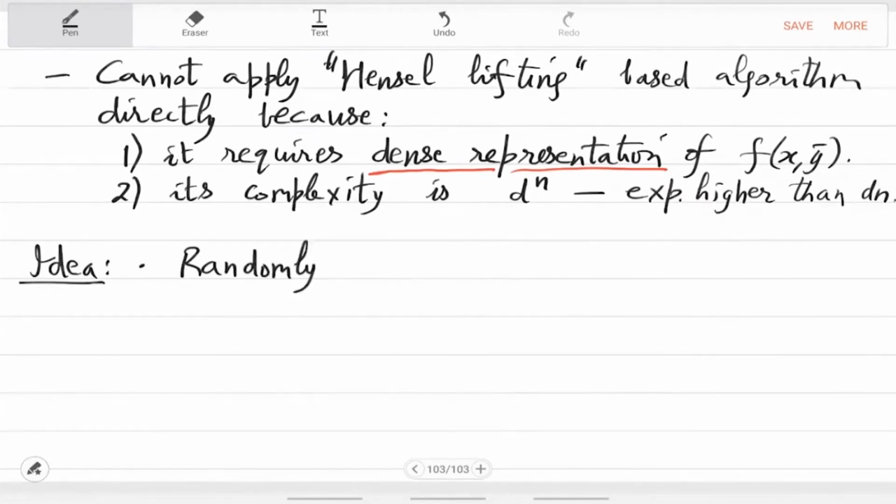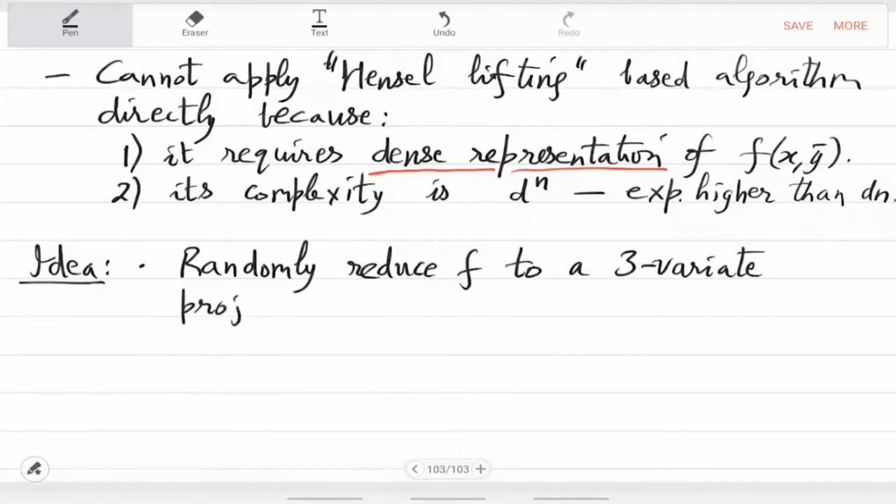So randomly reduce F to a 3-variate projection F sub A of x, T1, T2.